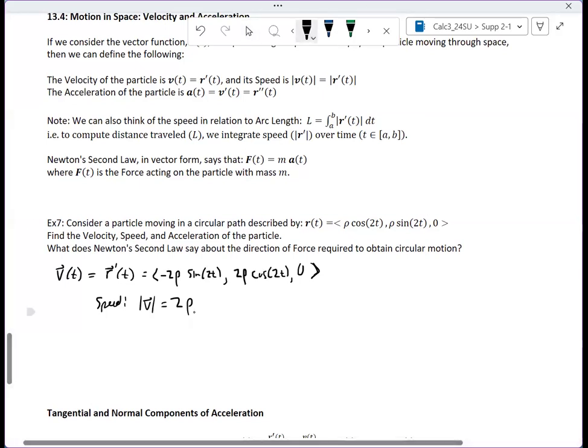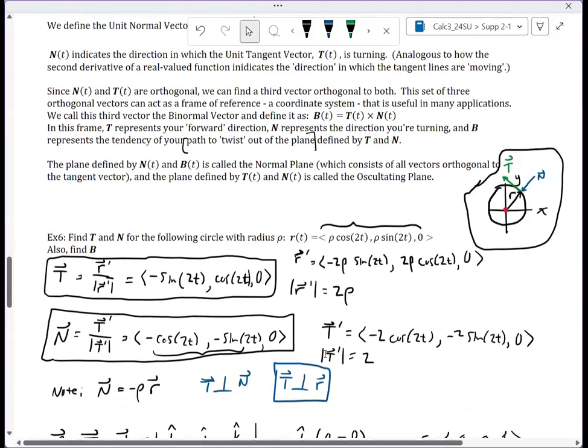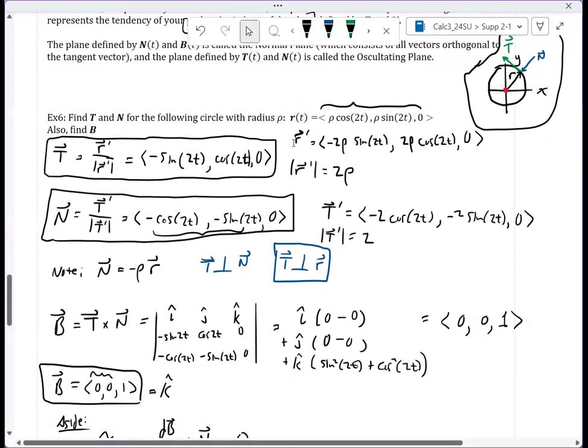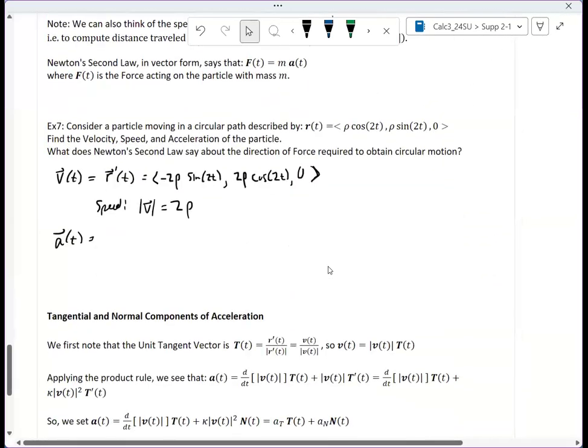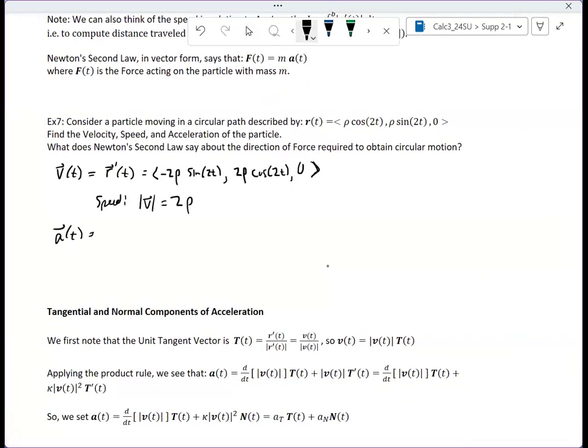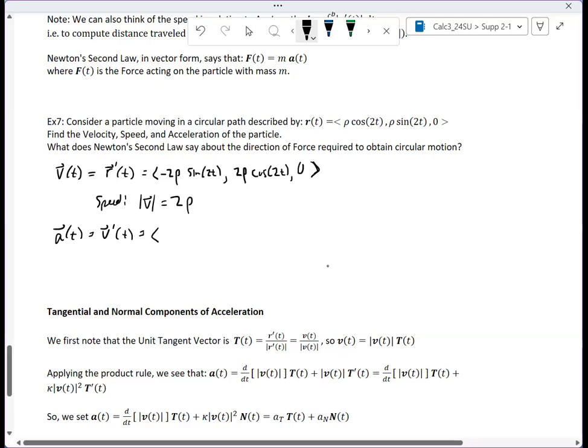What about acceleration? Well, acceleration is the derivative of velocity. Now up here, we didn't quite compute our double prime. We computed t and then t prime. So we don't want to just grab this over here. We will compute acceleration from velocity by taking another derivative.